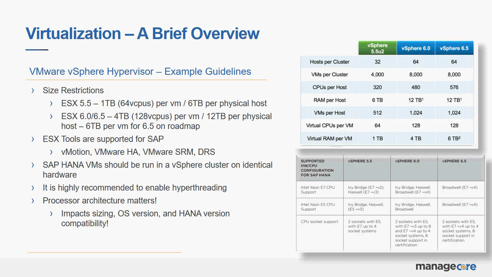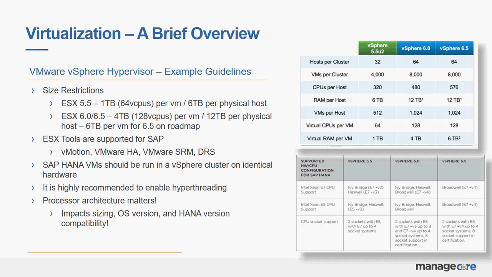One caveat, SAP HANA VM should run in the same vSphere cluster with identical hardware, because CPU and processor specifically, their models are so critical, and sizing is based on the exact processor you put it on. It could be a difference between an 18 and a 16 core, an 18 and a 24 core. All of that is sized initially, so you want the same identical hardware.